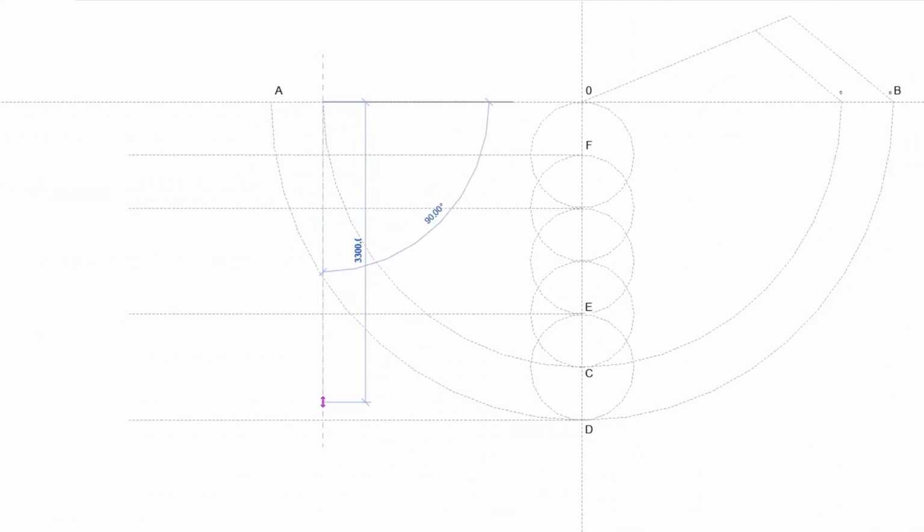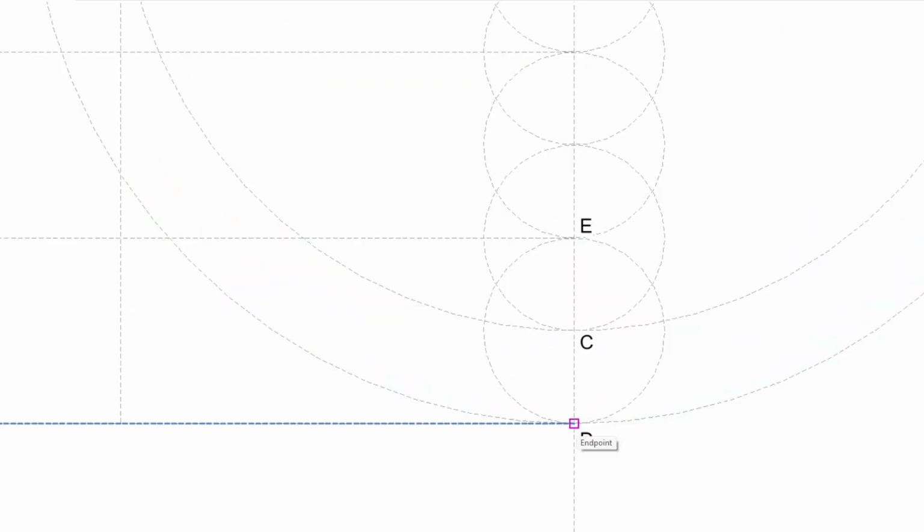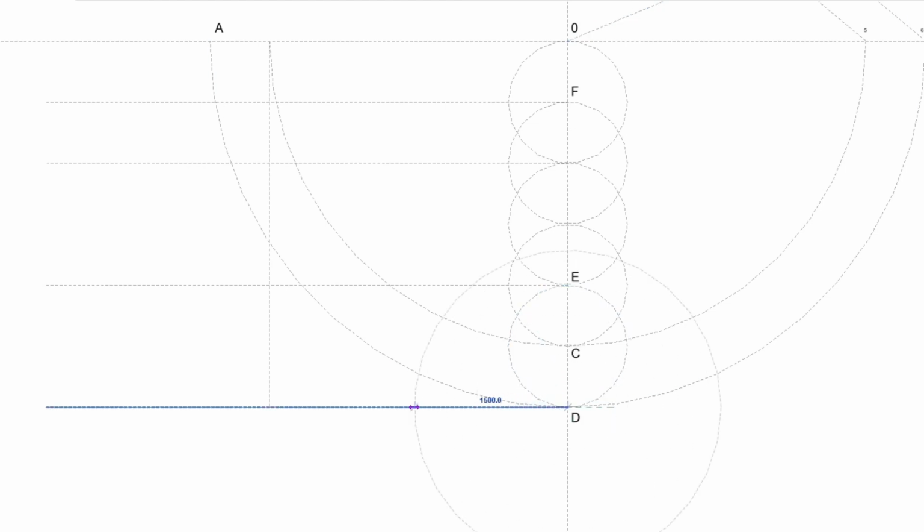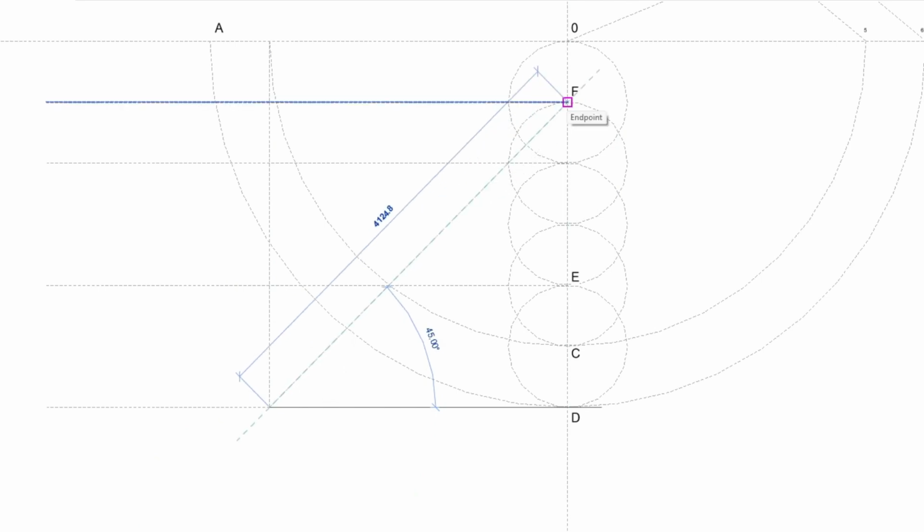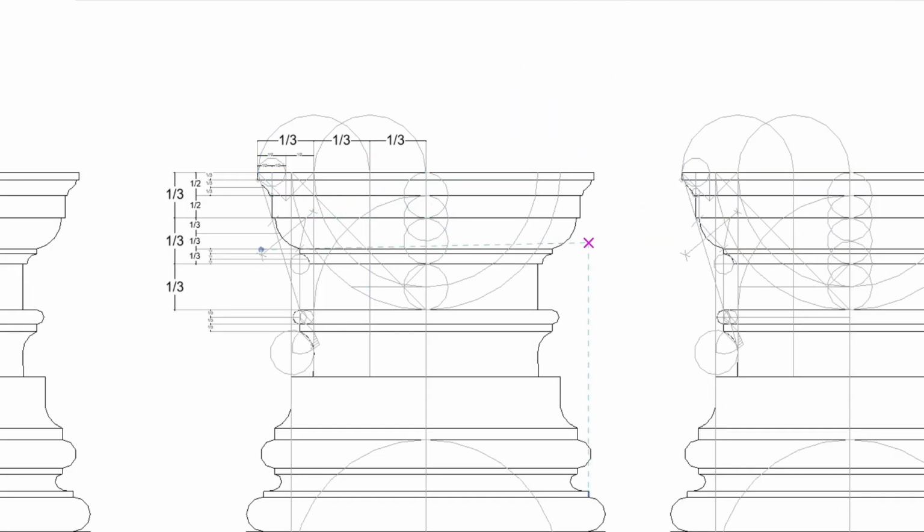If I just dropped a line onto point D, and then let's say I centered my compass on point D and bring it out to that line from the edge of the inner column, that gives me point F. Could also just use your set square and draw a 45-degree diagonal from that corner to point F to find that on the center axis, which then gives you that top half of the abacus, right?